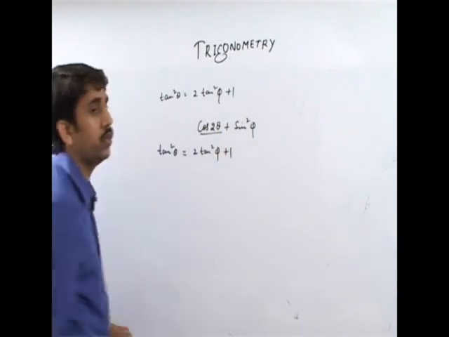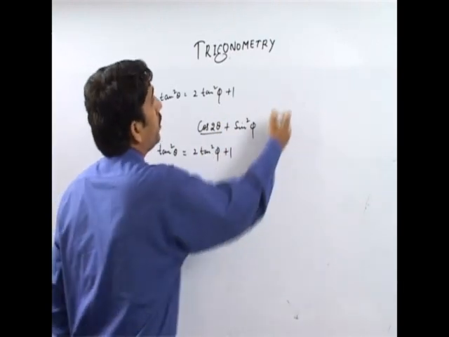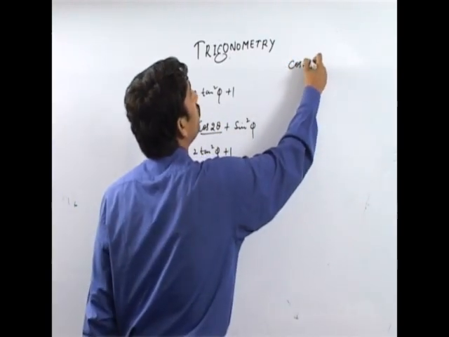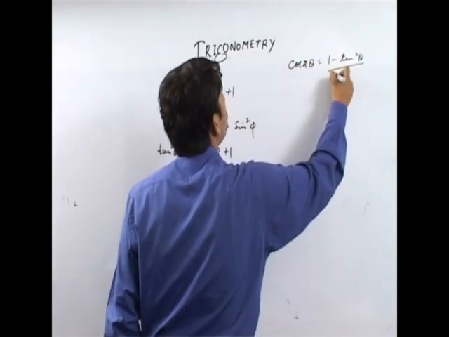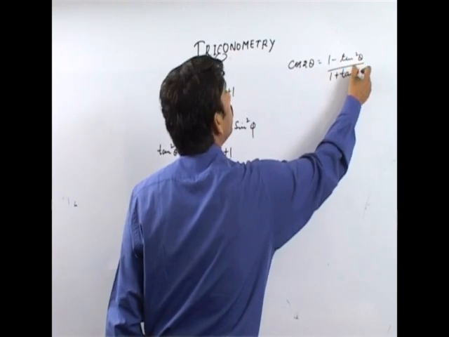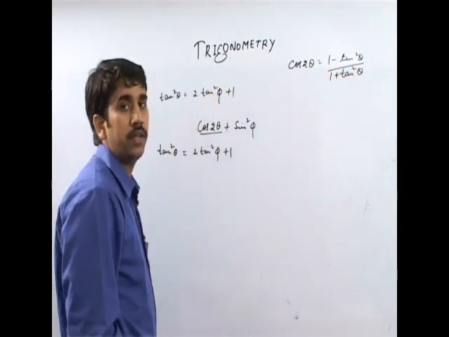Now the formula for cos 2 theta in terms of tan is cos 2 theta is equal to 1 minus tan square theta over 1 plus tan square theta.